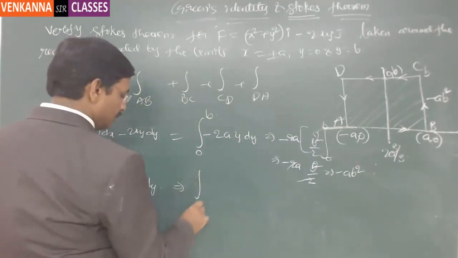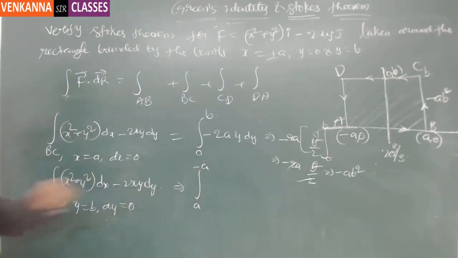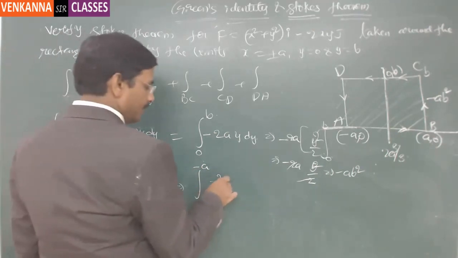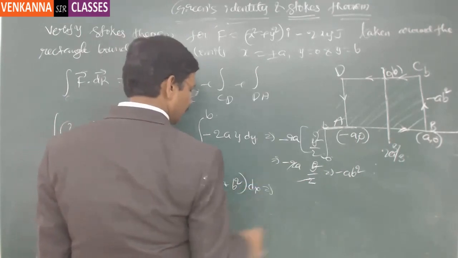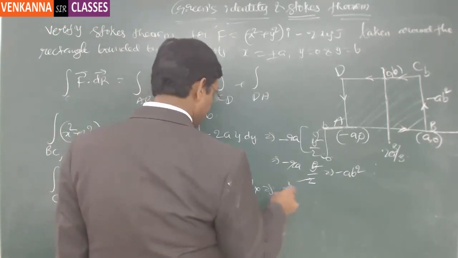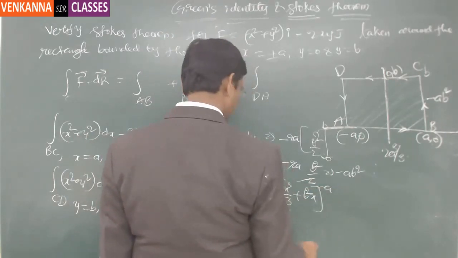With y equal to b, we have x square plus b square dx. So this is x cube by 3 plus b square x, with upper limit minus a and lower limit a.